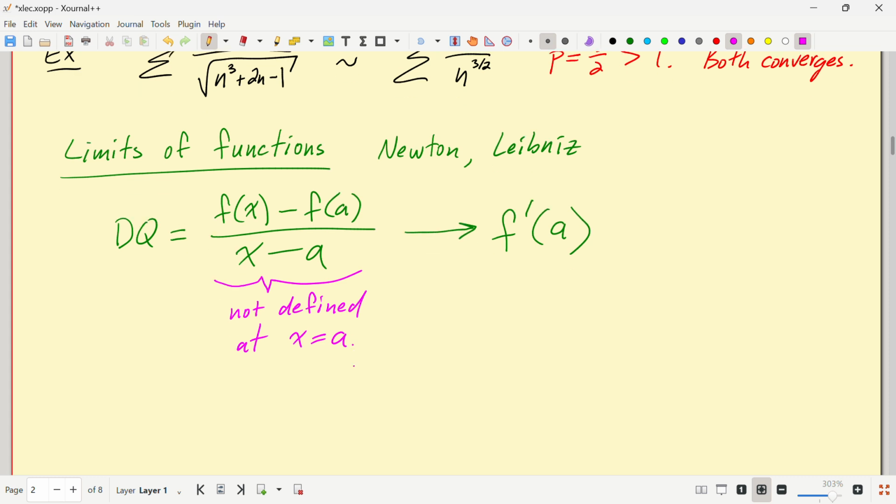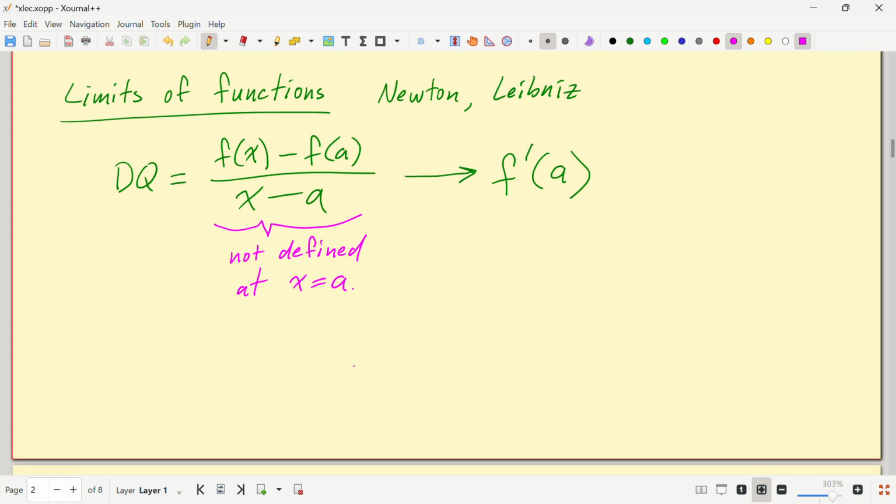Okay? And so it took quite a few years to figure out exactly what it meant. You start using words like, oh, they get closer and closer to this limiting slope as x gets closer and closer to a. And that turned out to be too imprecise.